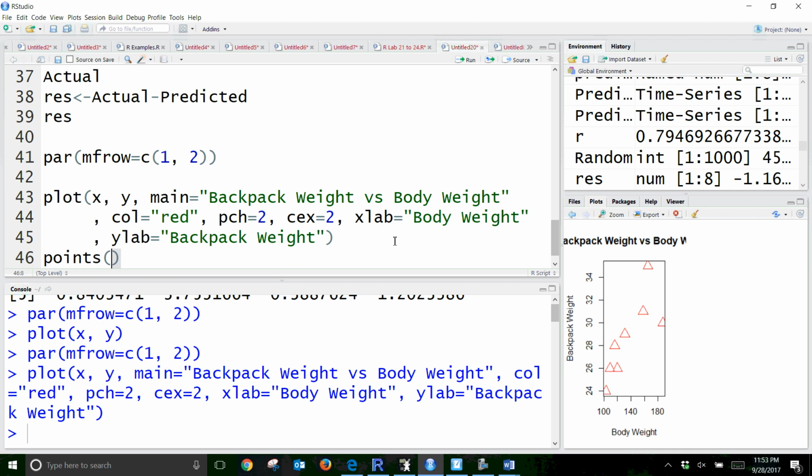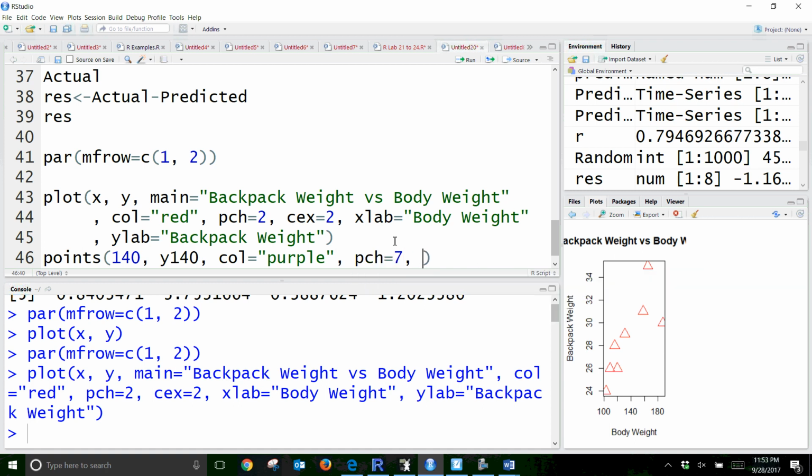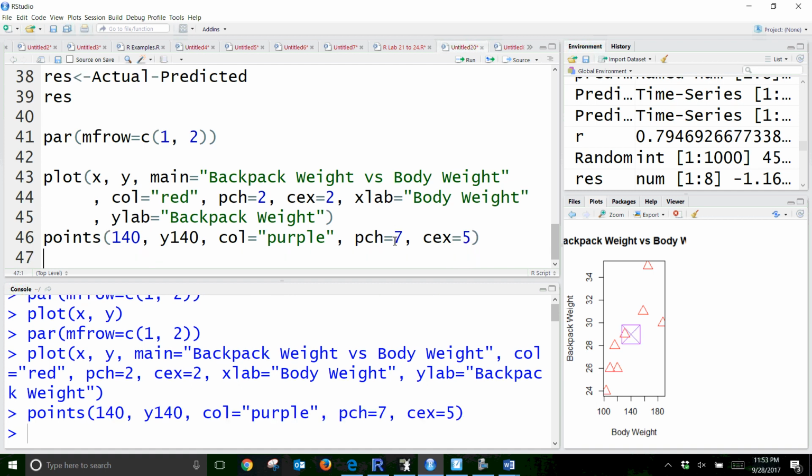And we're going to put the point 140, and we call it Y140. We'll do color equals purple, and we'll use printing character 7 this time. And for the printing character size, we'll do 5. Okay, so you can see there's our predicted point, the little box with X through it. I mean, it's definitely in the area.